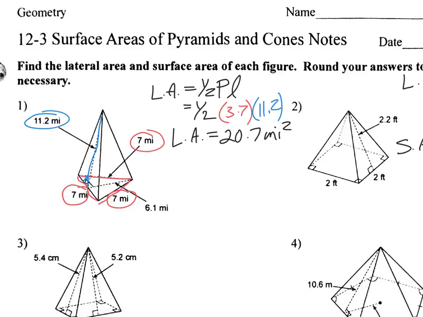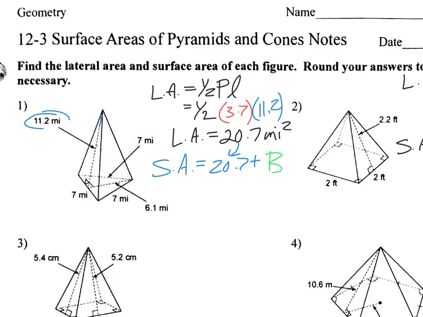Then surface area is the lateral area, so that number right there, plus the area of the base. Well, what's the base figure? The base figure is a triangle. So I'm going to come back over here and erase this. And what I need then is the triangle at the bottom. So what I'm looking at is this triangle right here. Well, there's the right angle here.